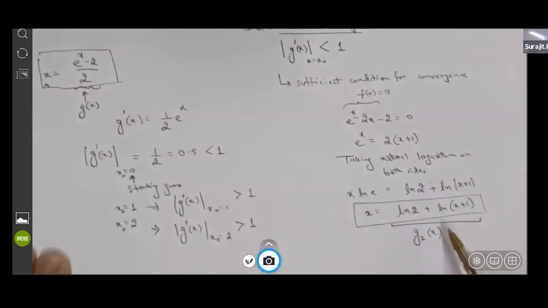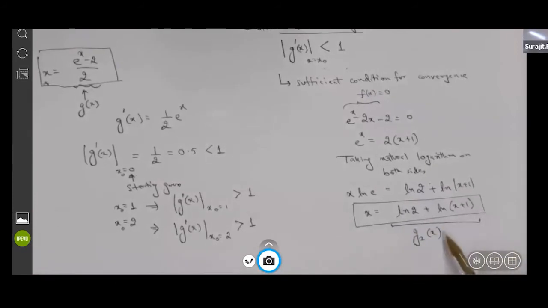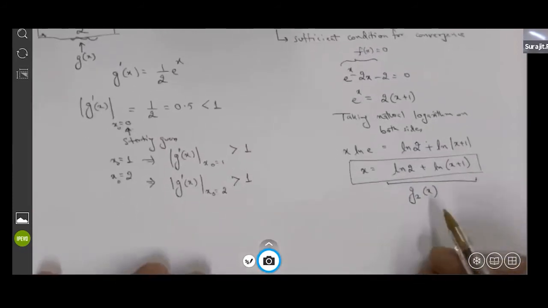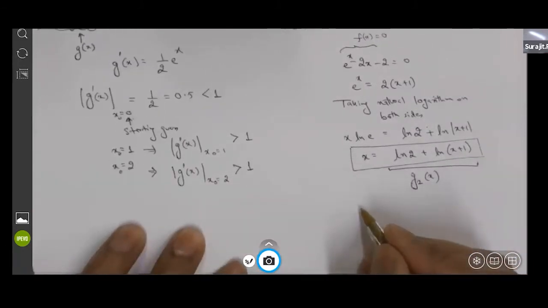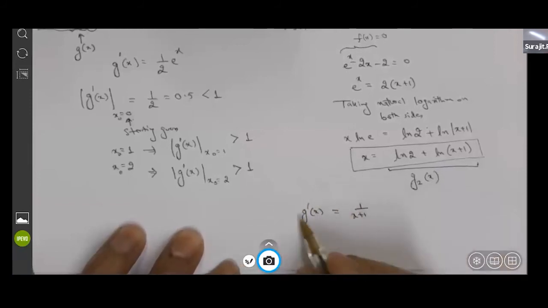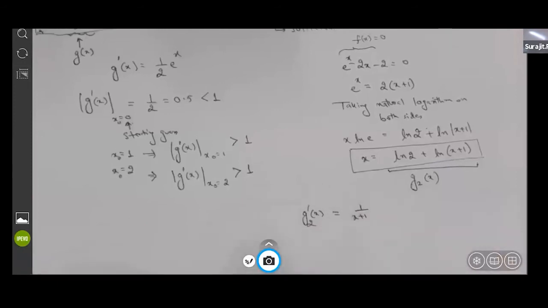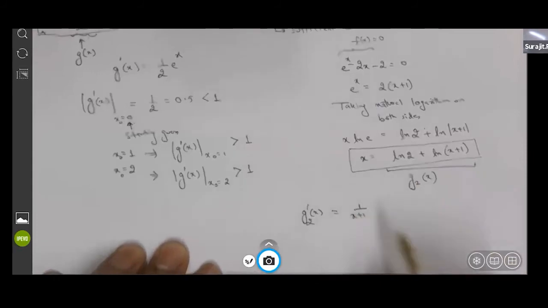So either you can write it in this form from the same function, or I use a separate way of writing x as g of x. Now, if I take the g prime of x, what I get is 1 over x plus 1, right? The derivative of g2 of x, if I take the derivative with respect to x, I get this.